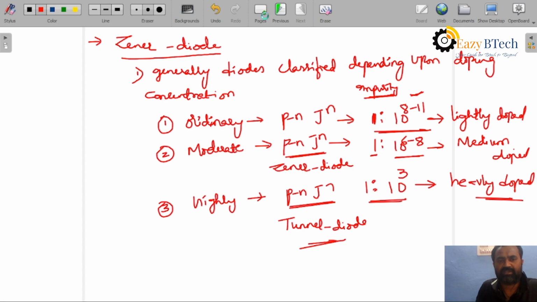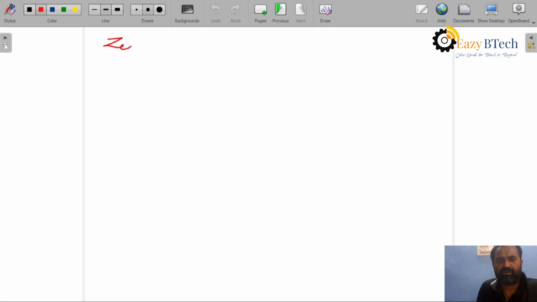Okay students, now the basic definition of a Zener diode.